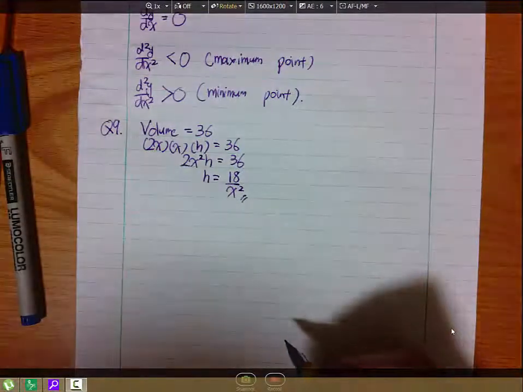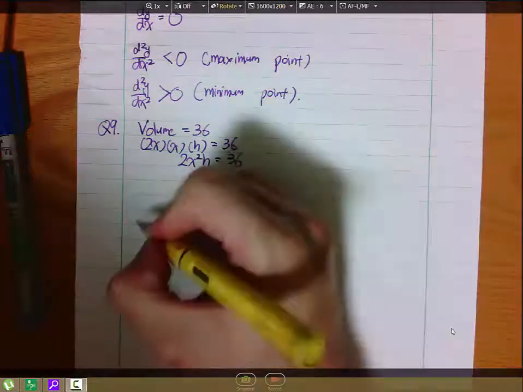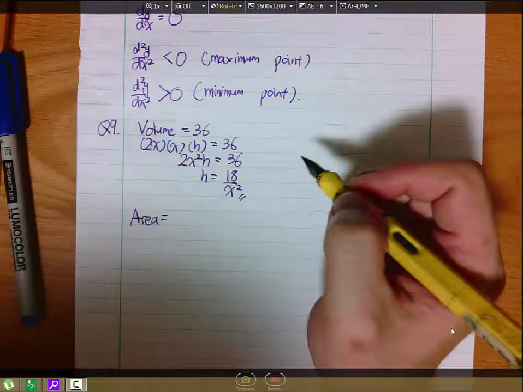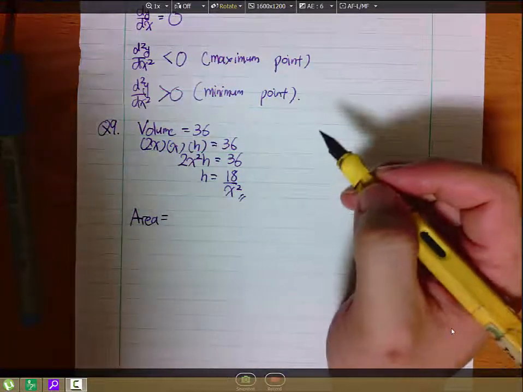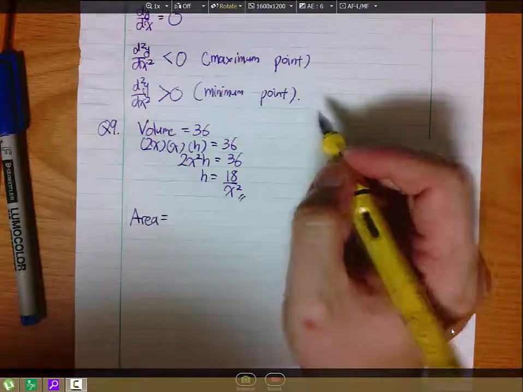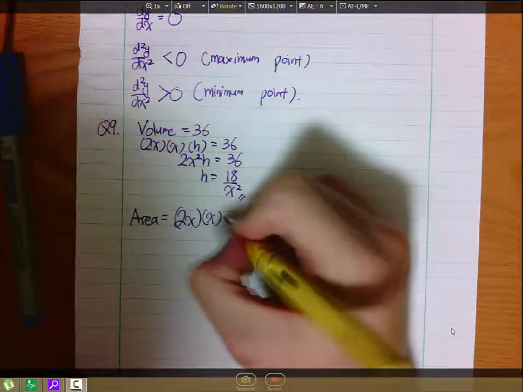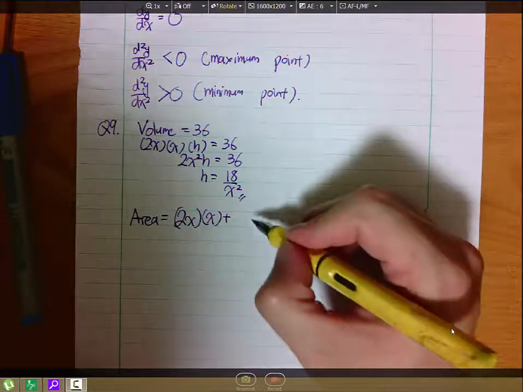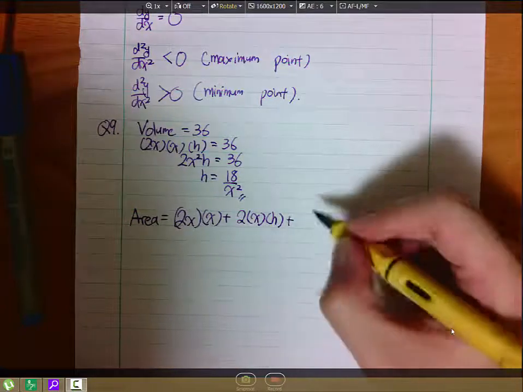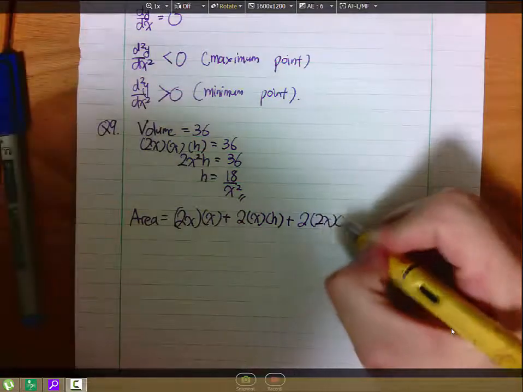Now we want to find the total external surface area of the box. So first, we will say area is equal to 2x times x plus 2 times x times h plus 2 times 2x times h.